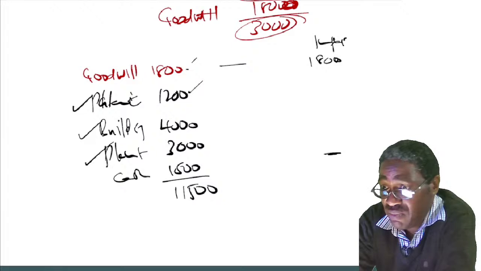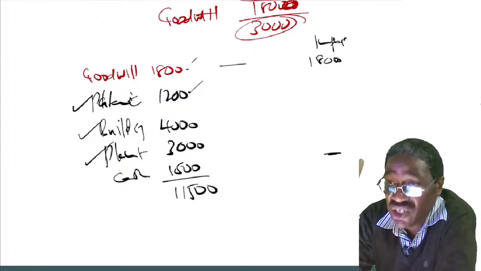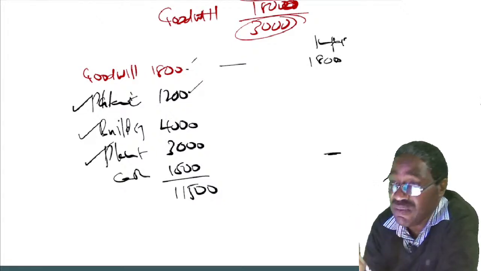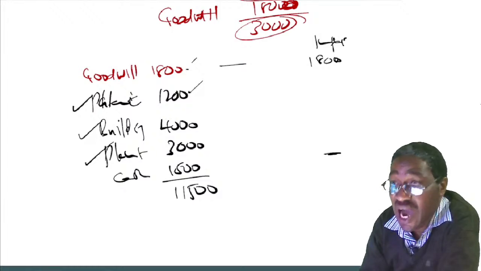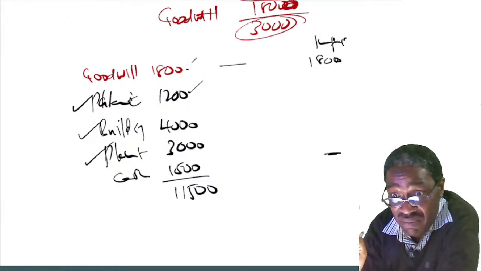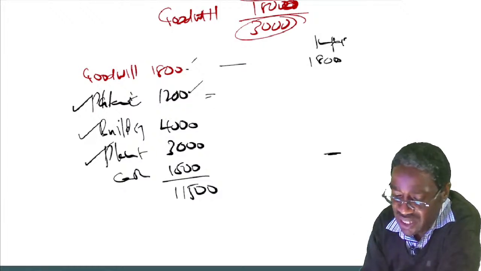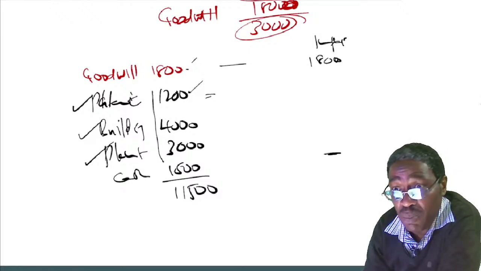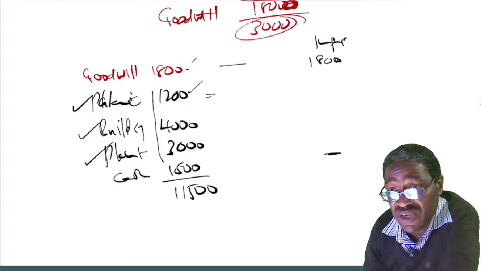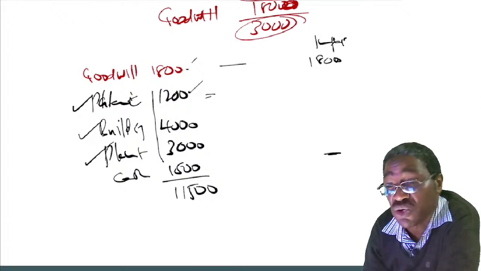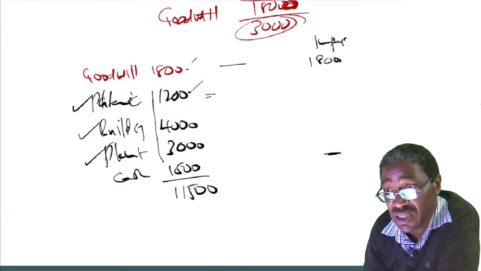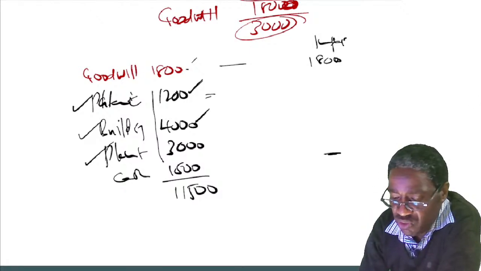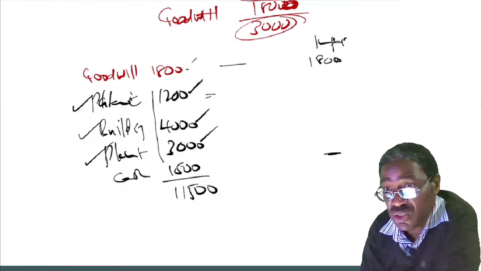Listen, I want you to get the point. In the exam that came in November 2020, I would have allocated the 3 million by asking, what is the balance of these three assets? 1.2 plus 4 plus 3, that is 8.2.